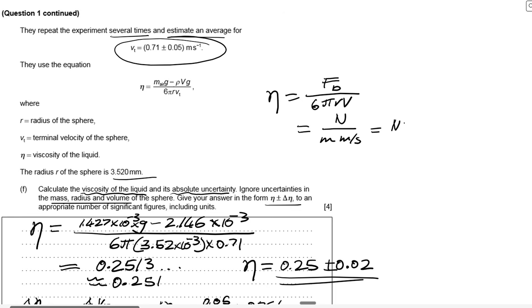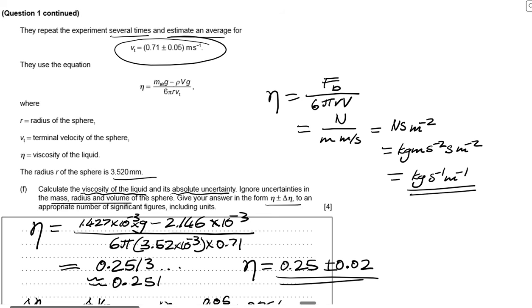And so what we have is Newton seconds per meter squared, and that is simply kg meters per second squared times second, which is just kg per second meters, right?